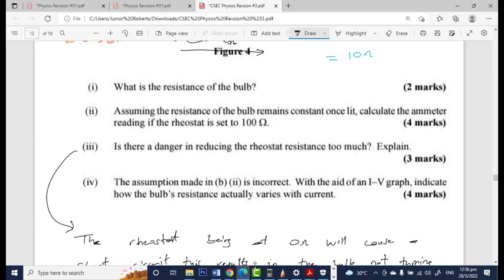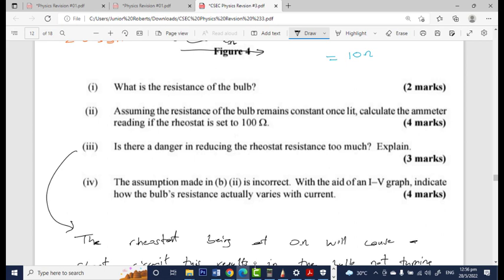anybody remember anything about Ohm's law, other than the formula? Sir, the current is directly proportional to the potential difference, but under a specific condition: when temperature is constant.